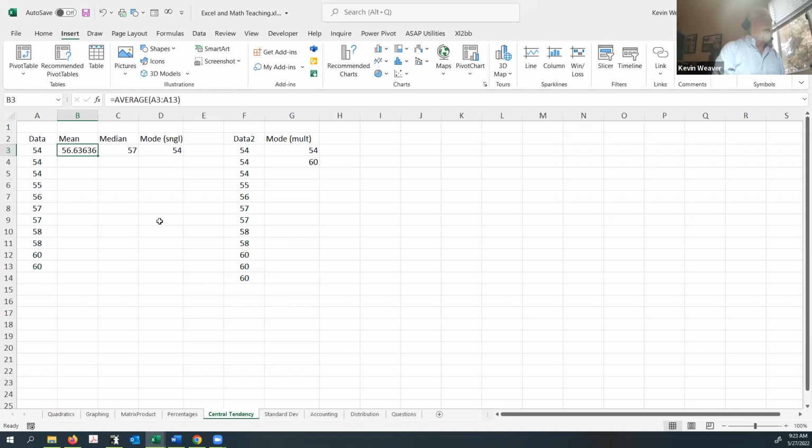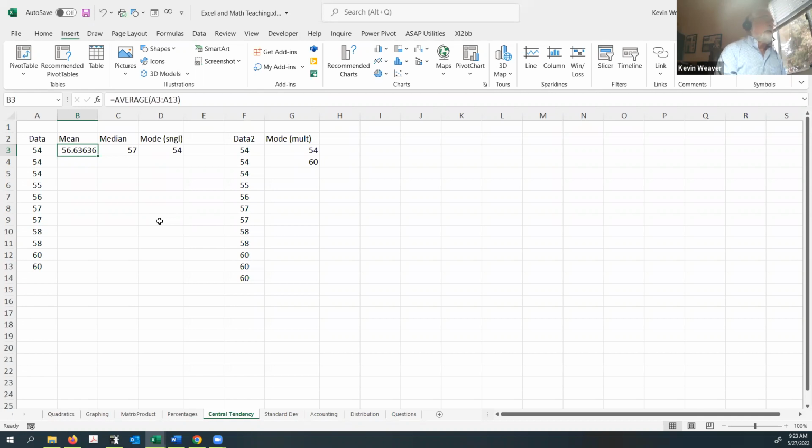To calculate the median, the explanation is that you're looking for the middle number when the data is sorted from low to high or high to low. If there's an odd number of values, the median is dead center.